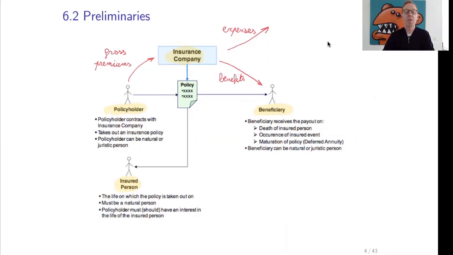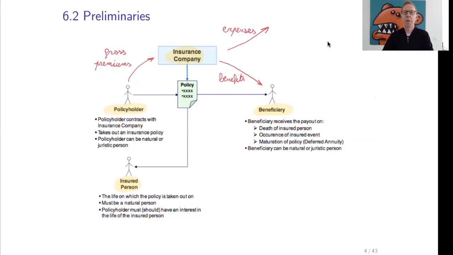So that means the benefits that are paid upon survival or upon death depend on the survival or not of the insured person. And then finally, there is the beneficiary. The beneficiary is the person who will receive the benefits upon survival or upon death of the insured. So summarizing, you have the insurer, the policyholder, the beneficiary, and the insured person.